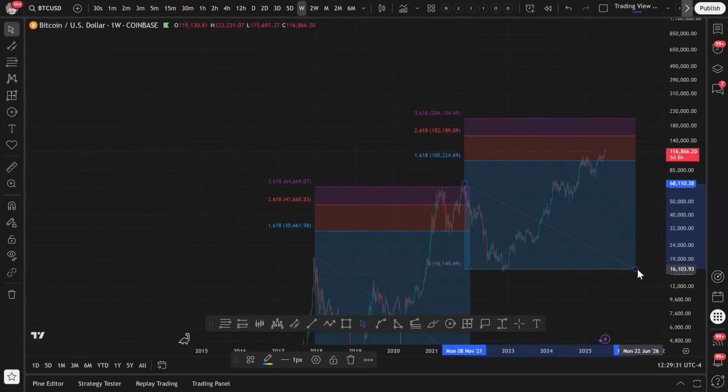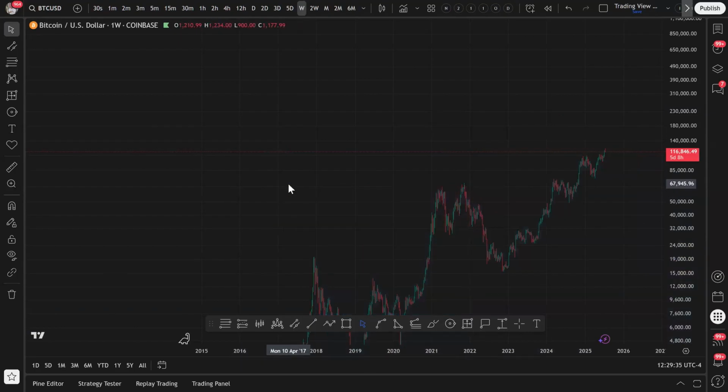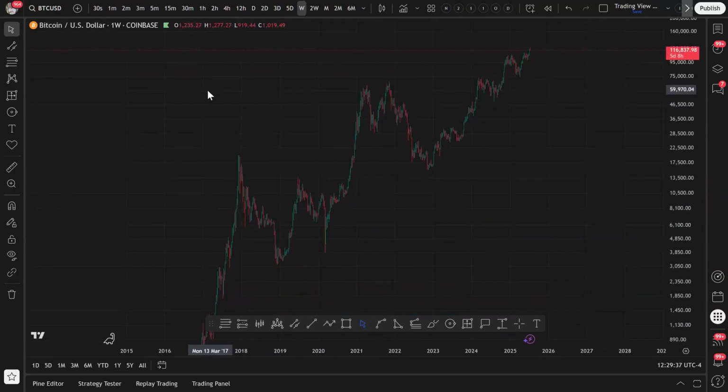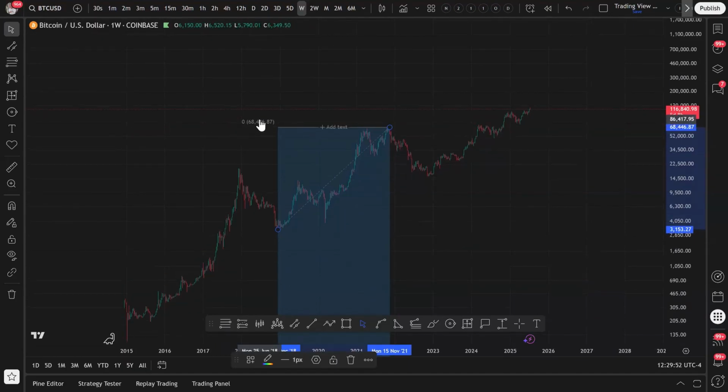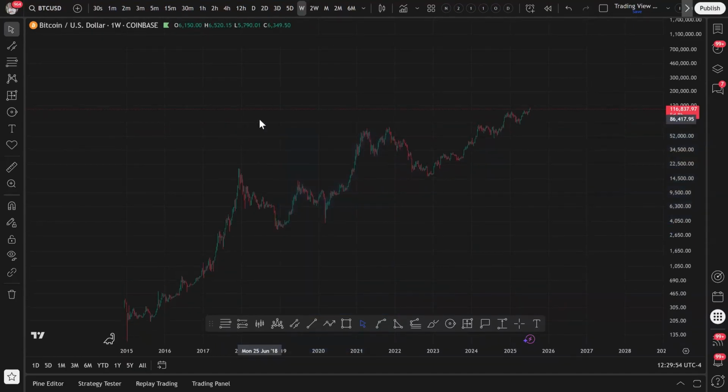Okay, so we could do that, and then if we wanted to do it a little differently, I know I kind of went straight to the complicated things, didn't I? But stay with me. Let's look at a different version of the Fibonacci. If we go from here to there on a pullback, that doesn't really work necessarily. But I'm going to show you a different way where we can make that work.